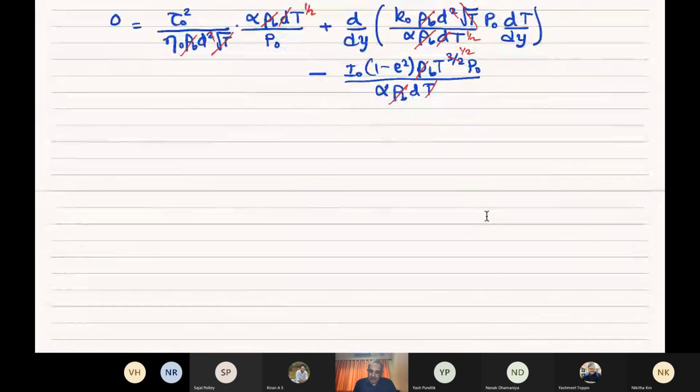So now let's write the simplified equation down. Now this whole equation is only in terms of one variable, that is the temperature. So we get 0 is equal to, on the top, alpha tau 0 squared, and at the bottom we have eta 0 d into P0.